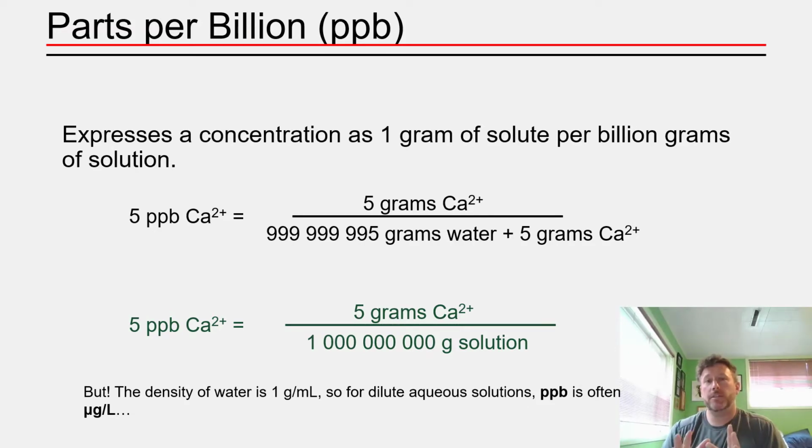So for extremely dilute solutions, parts per billion can also be expressed using an alternative unit notation, which reads as micrograms of solute per liter. You see that abbreviated as a Greek letter mu, lowercase g, divided by capital L for liters. And remember, in SI unit systems, the prefix micro means 1/millionth. So a microgram is 1/millionth of a gram, or 1 times 10 to the negative 6th times a gram.